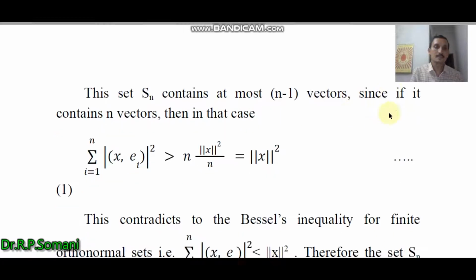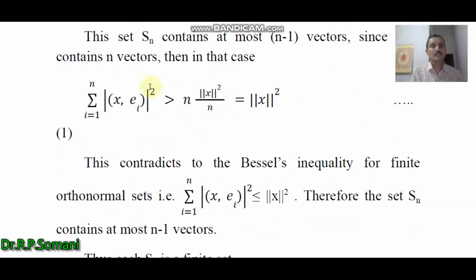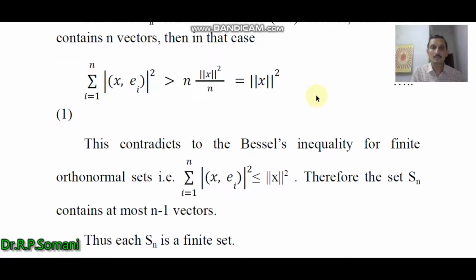Since if it contains n vectors, then the summation i varying from 1 to n of |⟨x, ei⟩|² is greater than n times ||x||²/n, equal to ||x||². This we denote as equation number 1.